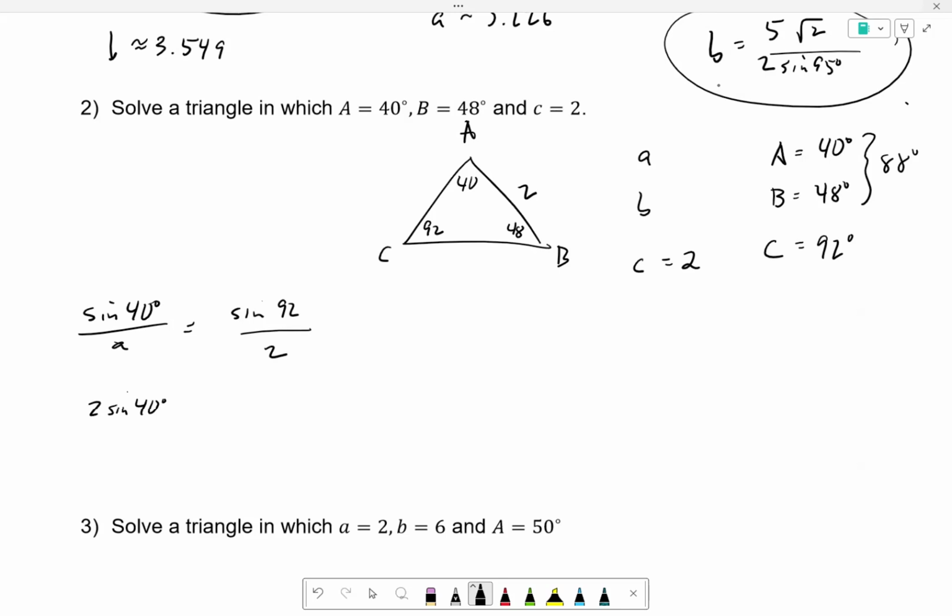Sine 92 divided by 2, divided by sine 40. Okay, that makes sense. Sine of 40 degrees equals A sine 92, is that right?